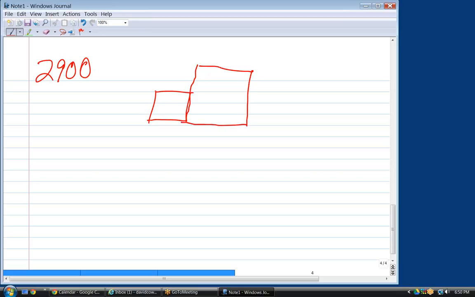And they have a combined area of 2,900 square feet? Yeah. And we have 200 feet of perimeter fencing? 240 feet. 240 feet of fencing material. Yeah. And we have to figure out the dimensions. Okay? Tell me where to start.